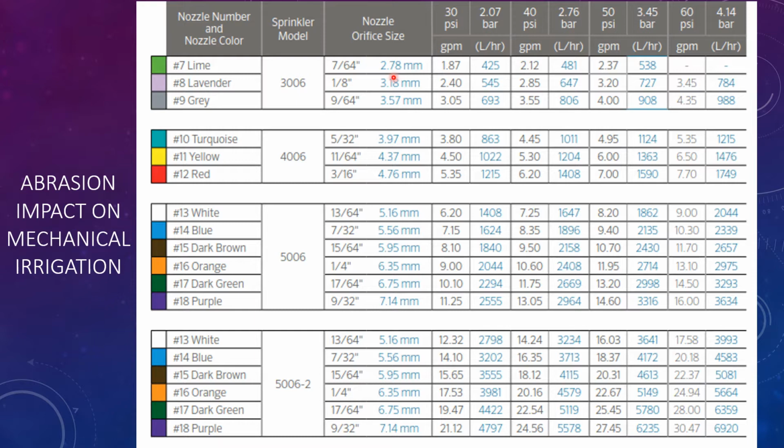But then you split that in half because we're looking at the two sides, so now we're talking about 200 microns. So now you start to look at it: it doesn't take very much abrasion before I start to change my flow characteristics. When you have hundreds of nozzles out there on a machine, this difference in flow at the same pressure can have quite a dramatic impact in terms of your overwatering or underwatering on a pivot.